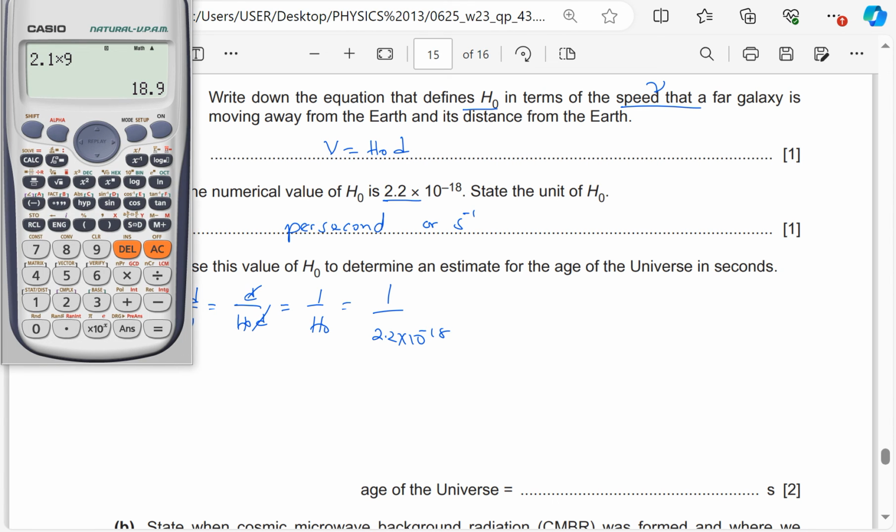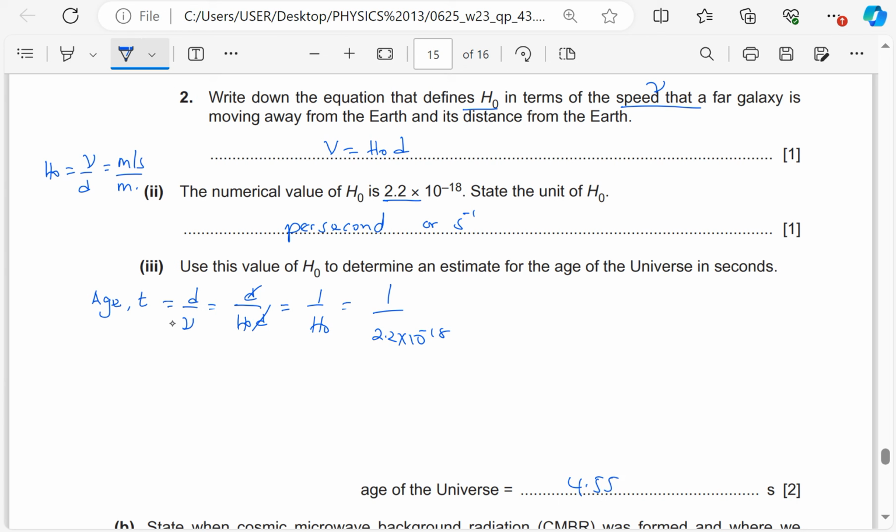They want the answer in seconds, so this is 4.55 times 10 to the power of 17 seconds.